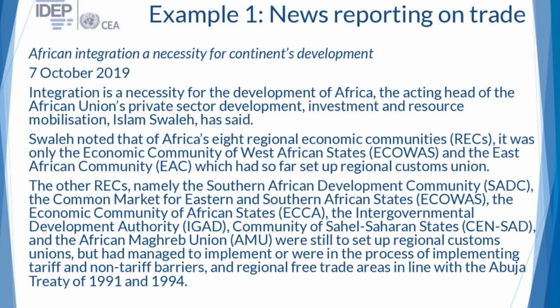And notice how the senior official talks about the importance of regional economic communities, the ones in Africa, wherever they are, and how they have helped in promoting trade and economic development around the continent.